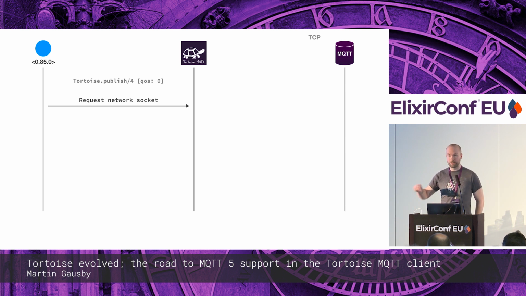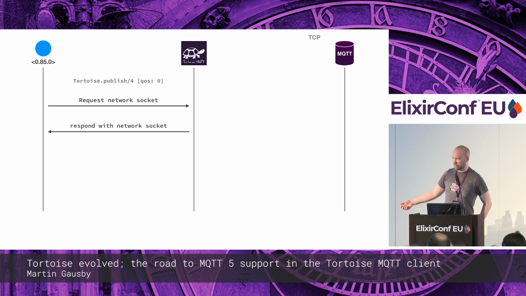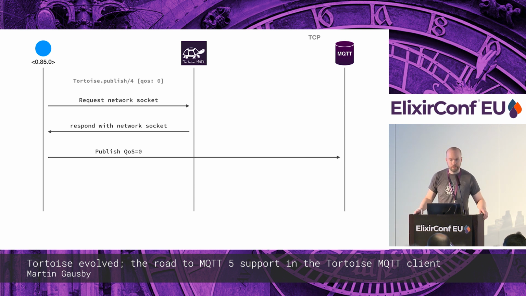It will actually go directly to the edge table and fetch out this network socket, and that will be given to the caller, and then we will shoot directly into the server. This is pretty neat because I basically save one message path there. It's much quicker to send a network socket to the caller and then have the caller send it directly into the MQTT server. Pretty neat trick.